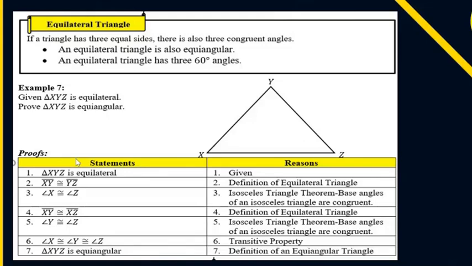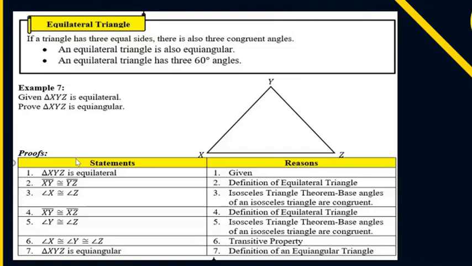So here is the proof. We have the statement and reasons. Triangle XYZ is equilateral. It is given. Then segment XY is congruent to segment YZ, by definition of equilateral triangle. Angle X is congruent to angle Z, by the isosceles triangle theorem: base angles of an isosceles triangle are congruent.